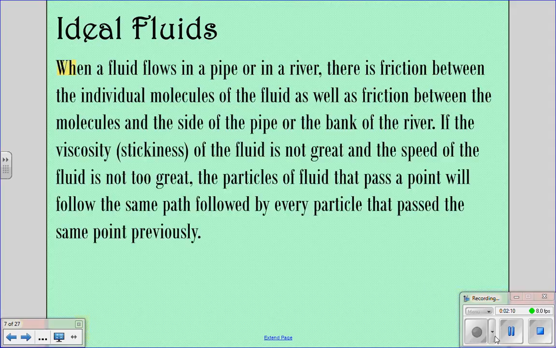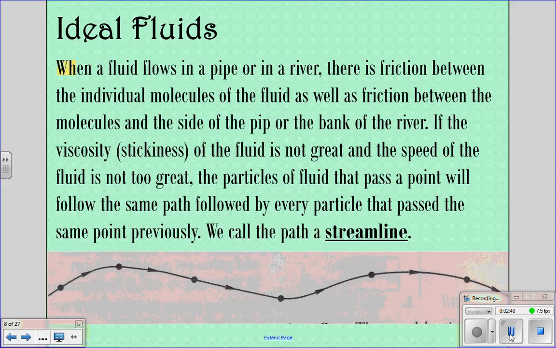If the viscosity, that's the stickiness of the fluid, is not great and the speed of the fluid is not too great, the particles of your fluid that pass a point will follow the same path followed by every particle that passed the same point previously. So if it's not too sticky and it's not flowing too quickly, the particles are going to go in the same path.